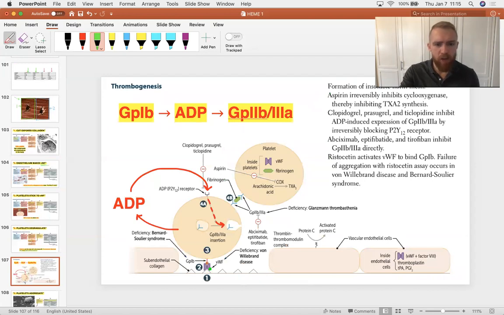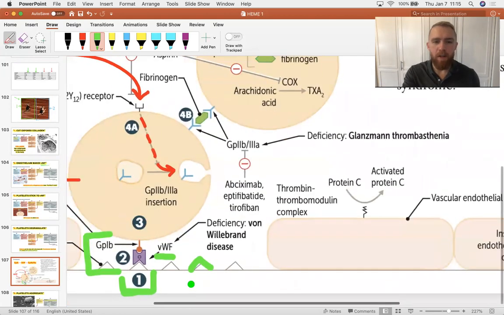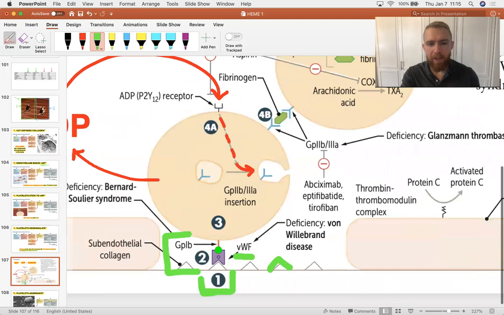Here's kind of what that looks like on this slide. See down here at the bottom, circle 1, circle 2 show you von Willebrand factor connecting to endothelial collagen. And then how does the platelet stick to that von Willebrand factor? That would be glycoprotein 1b.